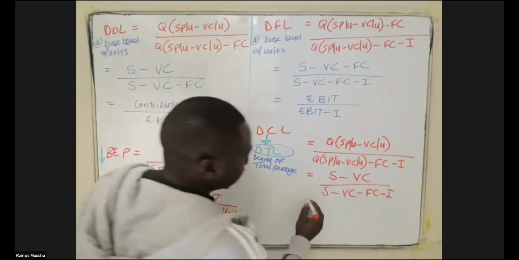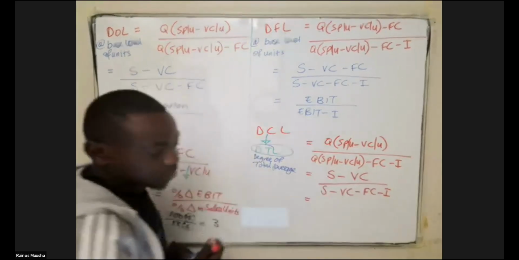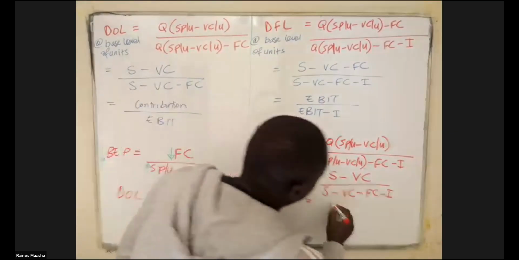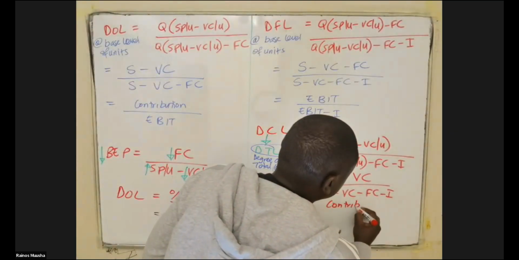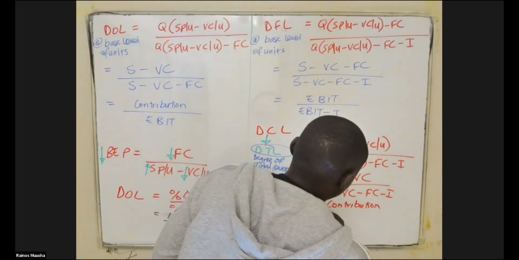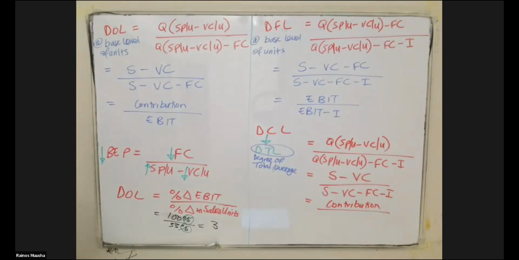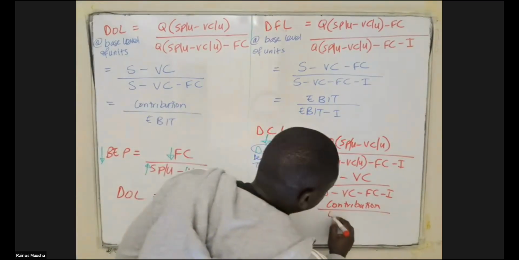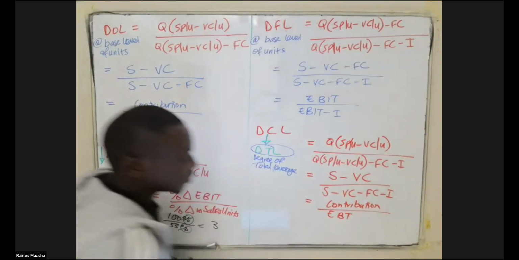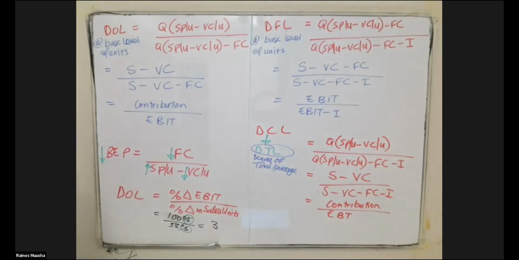So your sales minus variable costs gives you your contribution, divided by your sales minus variable costs minus fixed costs minus interest expense, which gives you your earnings before tax. So it's basically your net income before tax.